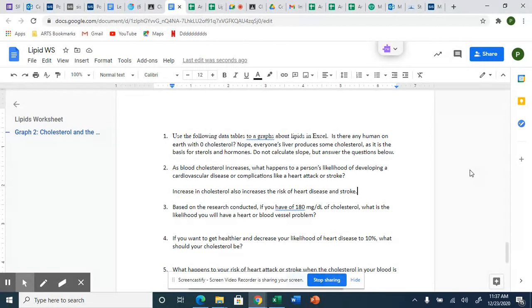My triglycerides, tri means three, glycerides are fats, is 133, and it's supposed to be less than 150. So I'm good again. And then the LDL, which is low density lipids, is 88, and it's supposed to be less than 130.